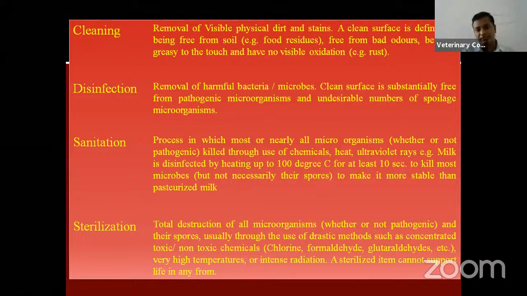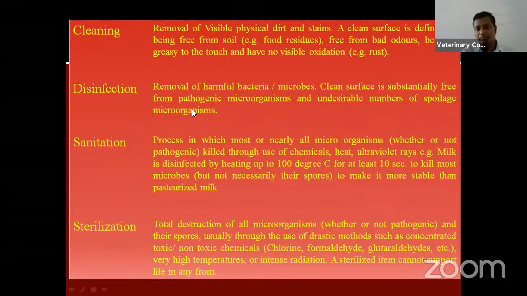Sanitization and disinfection are different. Disinfection we often apply to the floors or walls in the food industry, while sanitation is applied to surfaces, for example SS304 food surface, with which the food comes in contact.